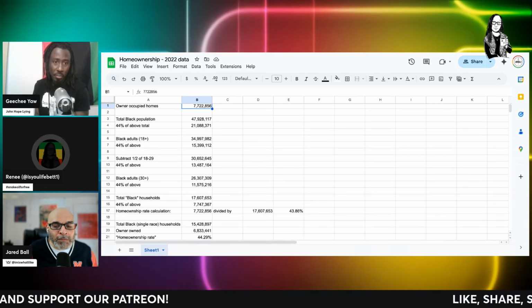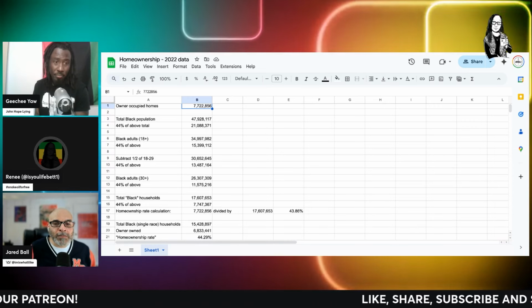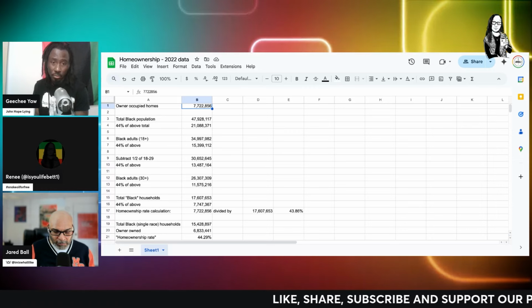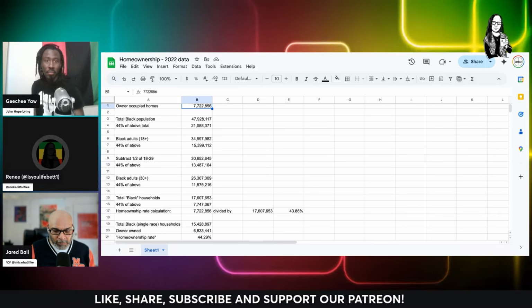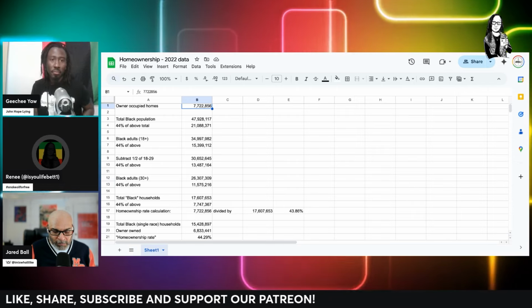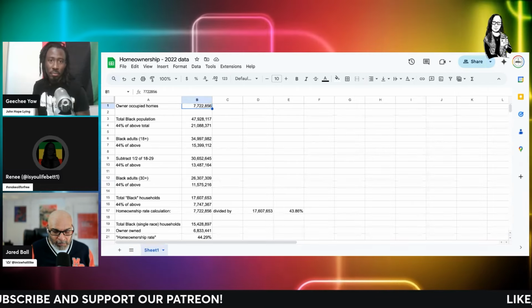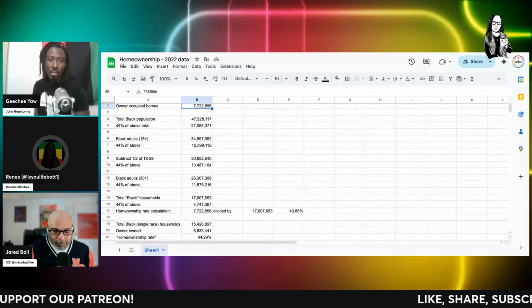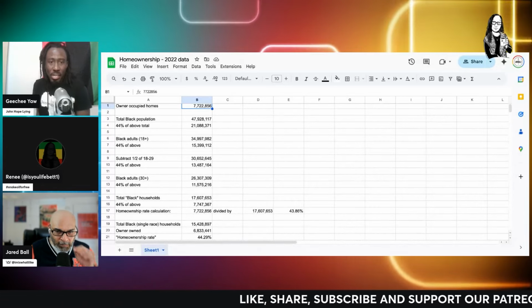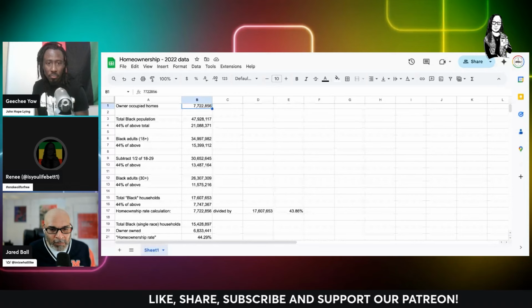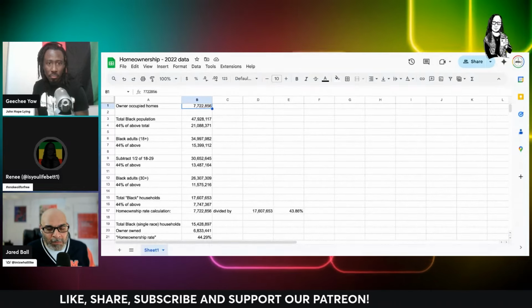So that's just under 35 million, right? Just under 35 million. So 44% of that is like 15 million. So that's like double what the actual number is. So it's not even based on all the adults that are Black people. So that's out as well.